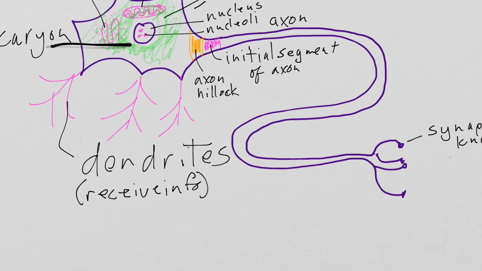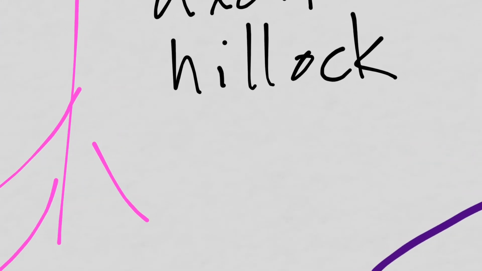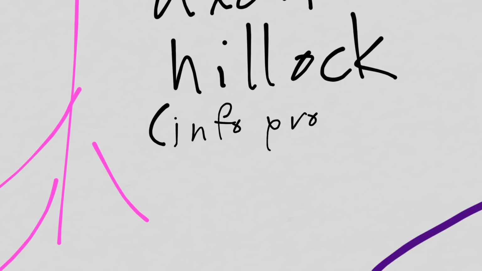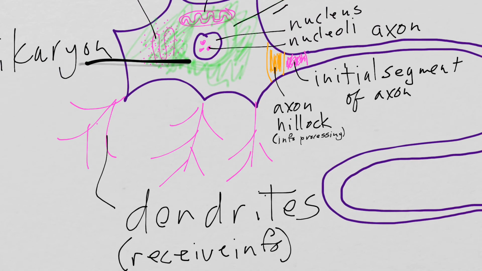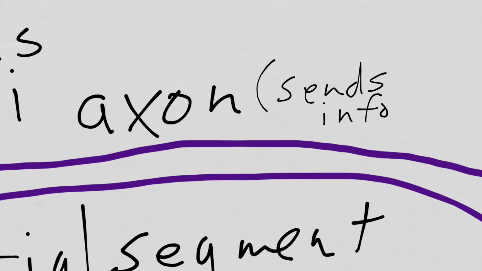Okay. And then the axon hillock is going to be your information processing. Info processing. And then the axon sends information. Dendrites receive information.